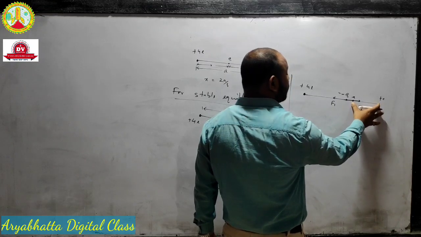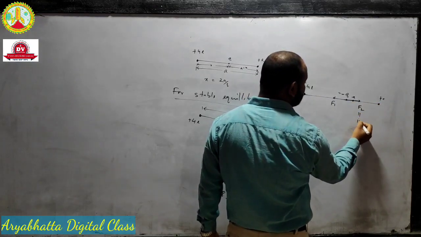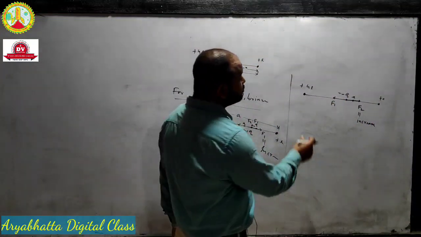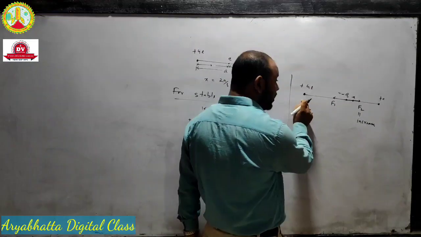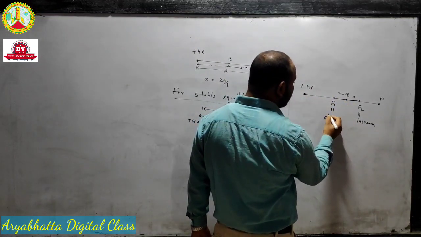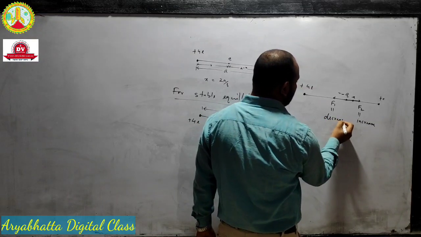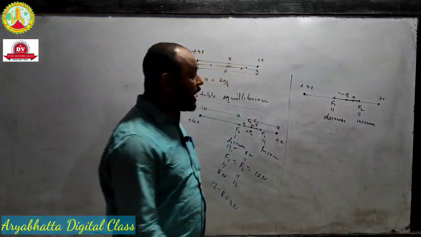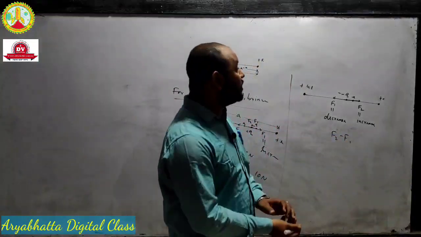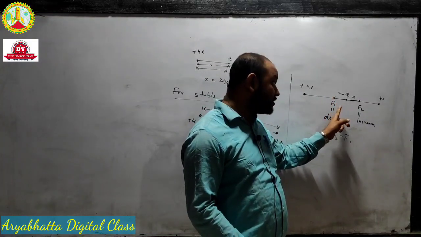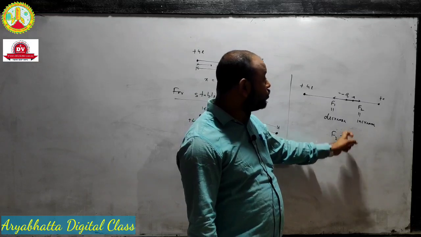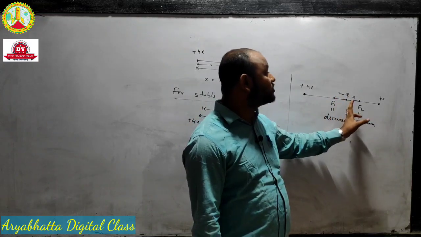That is why F2 will increase, and the distance between plus 4E and minus Q increases, so F1 will decrease. The net force F2 minus F1 will bring the negative charge towards the right.